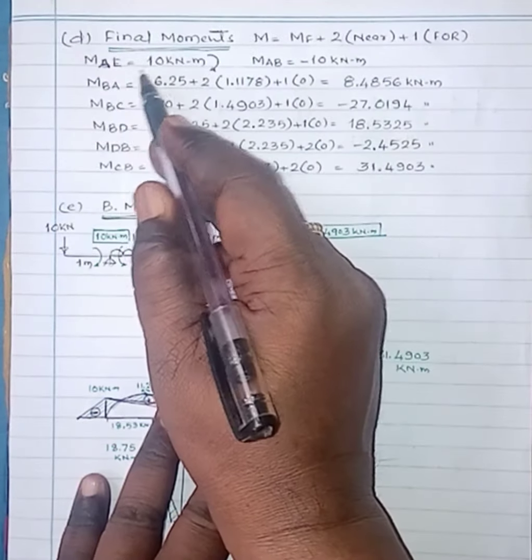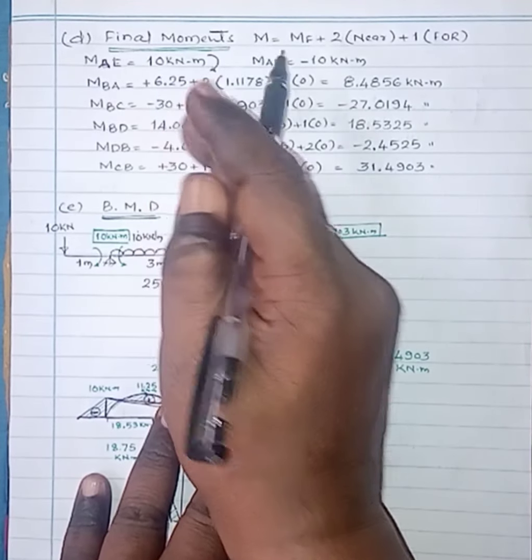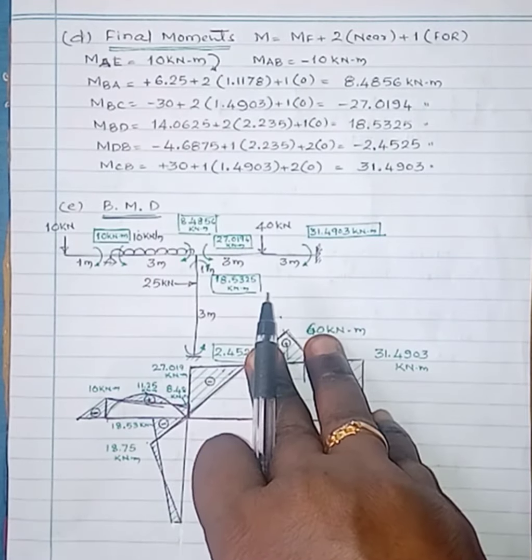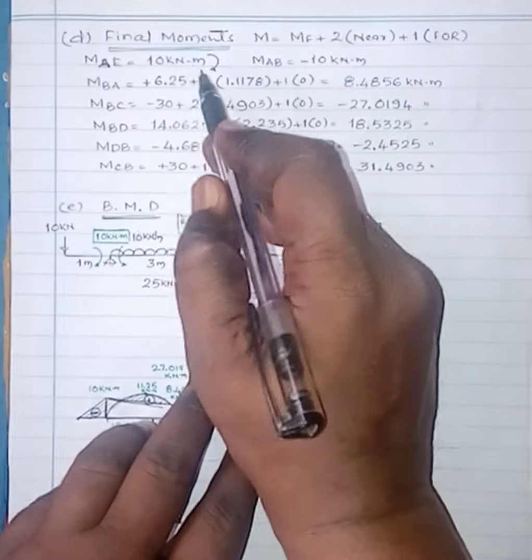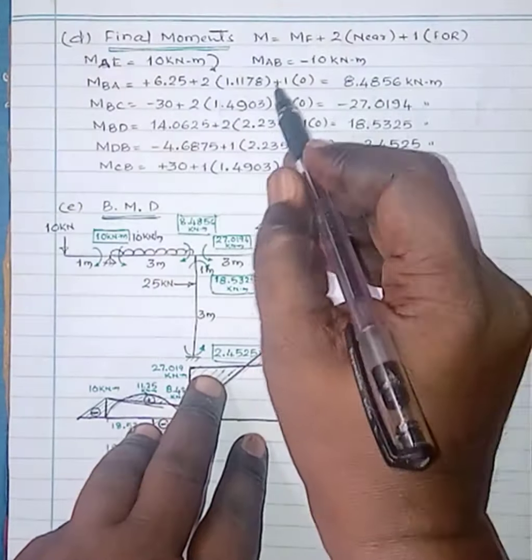Here MAE, that is due to the point load acting at the free end, the resisting moment that we have calculated, that is 10 kilonewton meter, that is in clockwise direction.